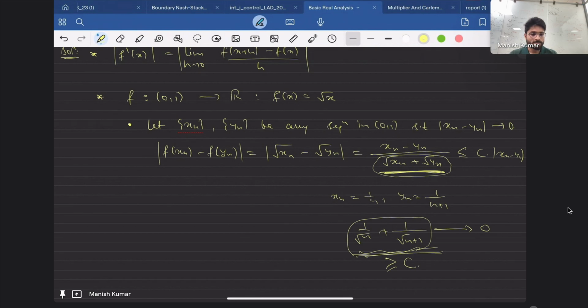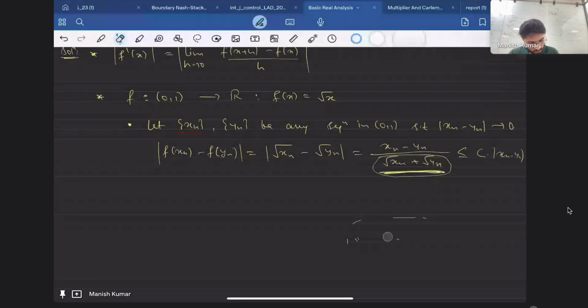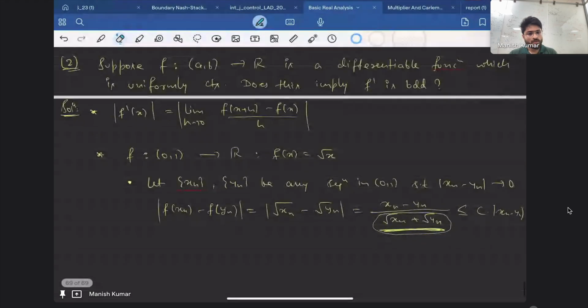Here you can use differentiability, so that the derivative of the function is bounded. But we are searching for an example where the derivative is unbounded.